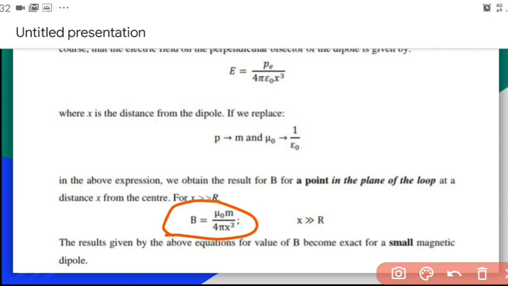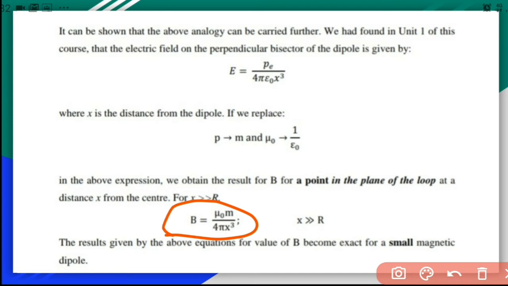Actually, this equation is already obtained experimentally in the case of a magnetic dipole as its equatorial magnetic field. The expression for equatorial magnetic field of a small magnetic dipole is obtained experimentally.